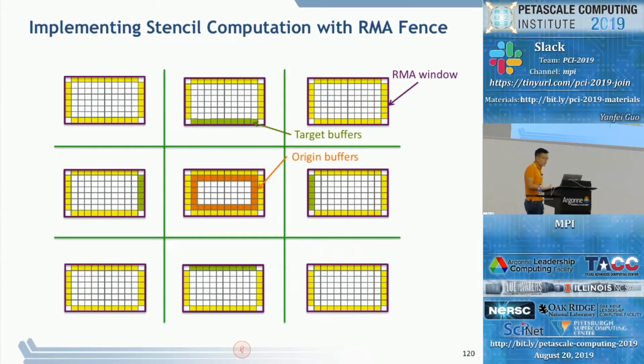Then during the halo exchange, your boundary and the halo region become the origin buffer and target buffer, and each process will put its boundary into the halo regions of its neighbors.